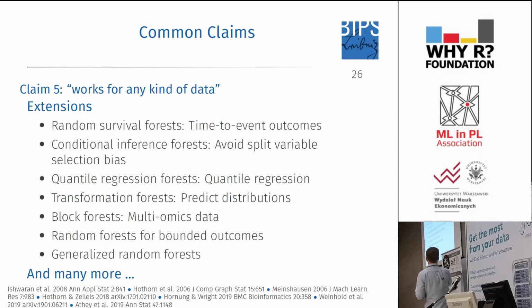You have quantile regression forest if you want to have quantile regression and not just simple classification or regression. You have transformation forest if you want to predict the whole distributions. You have block forest for multi-omics data. You have random forest for bounded outcomes. You have generalized random forest where you're very flexible with all these things, and many, many more. So there are many extensions for many kinds of data.